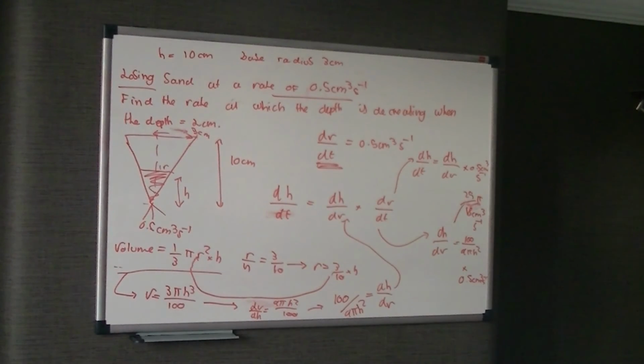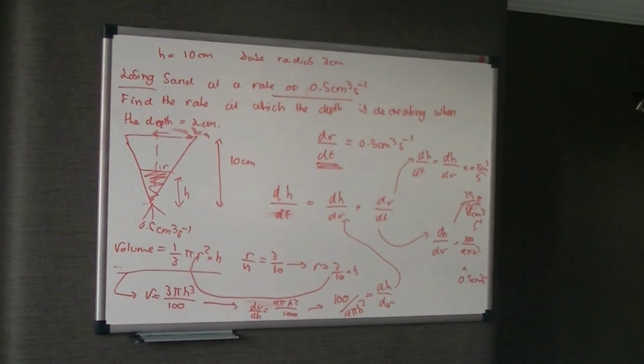Because of similar shapes we can work out a formula that puts r equal to some form of h, and then substitute r equal to 3/10 of h into the volume formula. Then we are left with one factor of height.